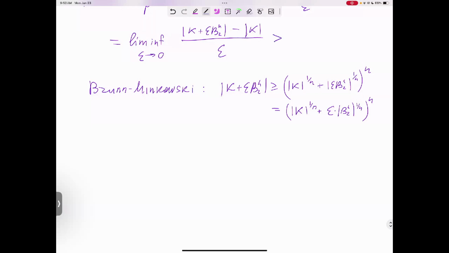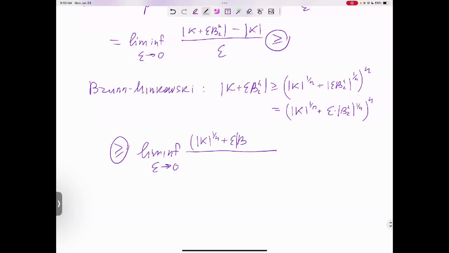So I can continue writing here, bigger than or equal to, lim inf when epsilon goes to 0, here volume of K. Yes, do you agree?